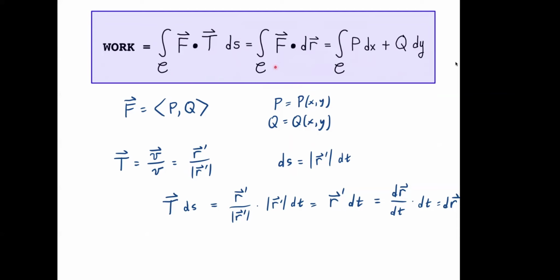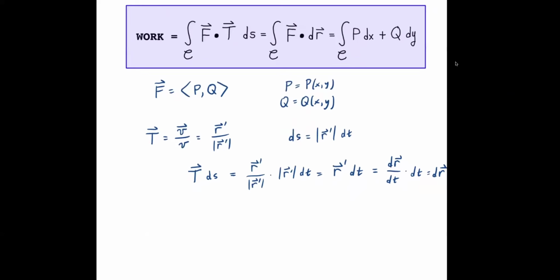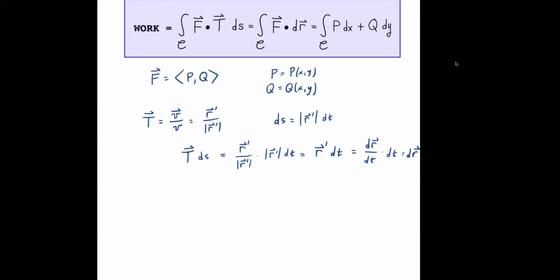So how do we get from this middle expression for work to this final expression? Here we'll just kind of formally look at this. Well, we have the integral over C, F dotted with dr. Well, r is the vector function x, y.